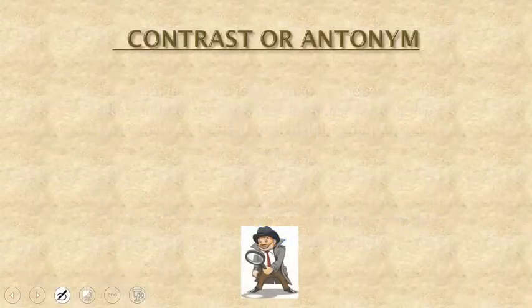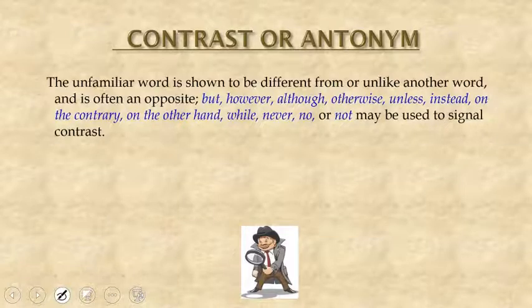The other one we're going to have is contrast, or antonym. We're going to have words that are opposite to the word that we don't know. By knowing the opposite, we can know the meaning. So we have: but, however, although, otherwise, unless, instead, on the contrary, on the other hand, while, never, no, or not.